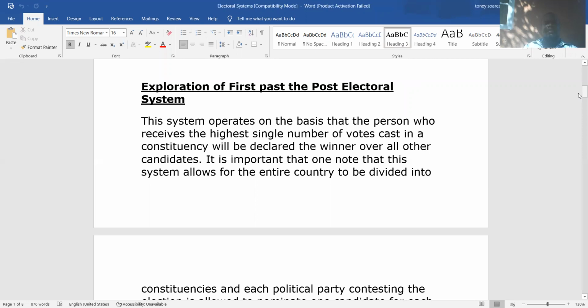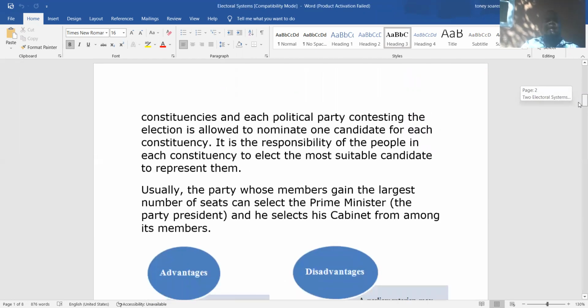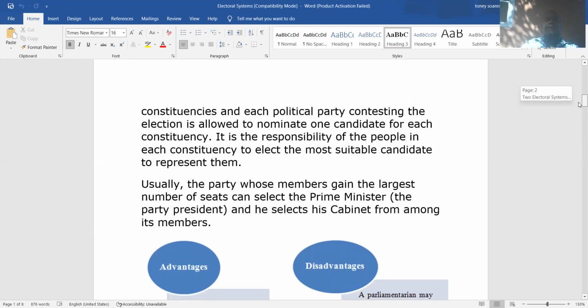This system operates on the basis that the person who receives the highest single number of votes cast in a constituency will be declared the winner over all other candidates. It is important to note that this system allows for the entire country to be divided into constituencies, and each political party contesting the election is allowed to nominate one candidate for each constituency.